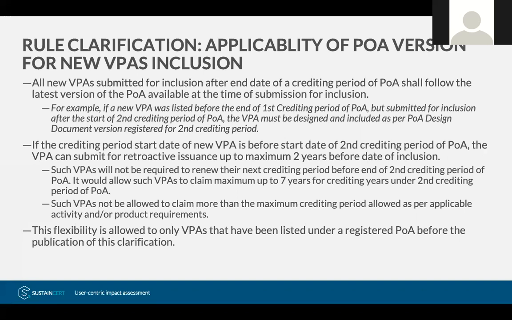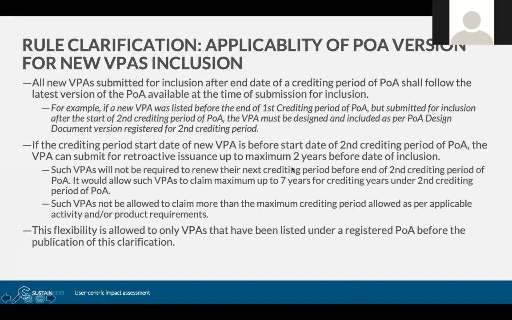And this flexibility is applicable only for the VPAs that have already been listed under a registered POA before the publication of this rule clarification. I think this rule clarification came out in August.